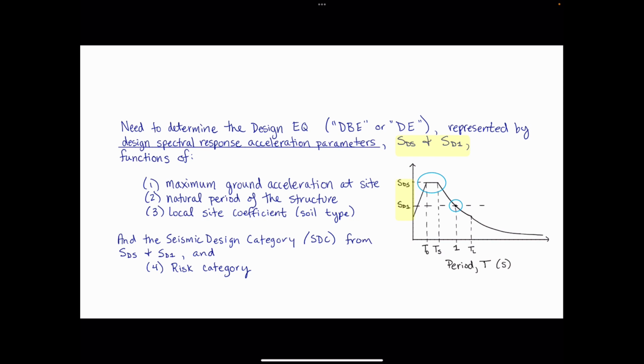To give you an idea, I think some context helps too. As the building is taller, the natural period will be longer. So tall buildings would fall over on this side of the spectrum, whereas shorter buildings would fall more here. That's one reason that shorter buildings are more susceptible to sustaining earthquake damage.